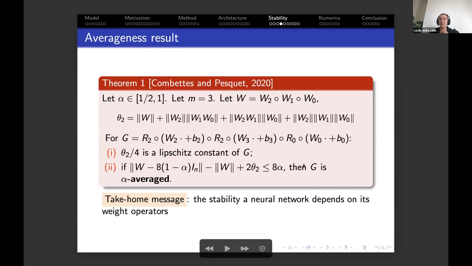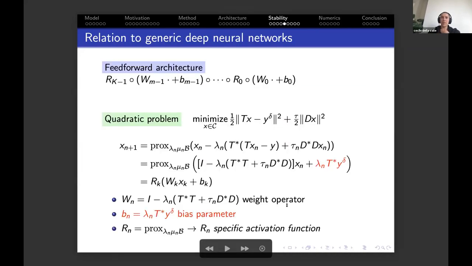So the take-home message is that the stability of a neural network depends on its weight operator and not on its activation function. And I have a rule for computing a Lipschitz constant. Even if it's a bit complicated, I still have a rule. So this theorem has been done for a feed-forward architecture. But I don't have exactly a feed-forward architecture.